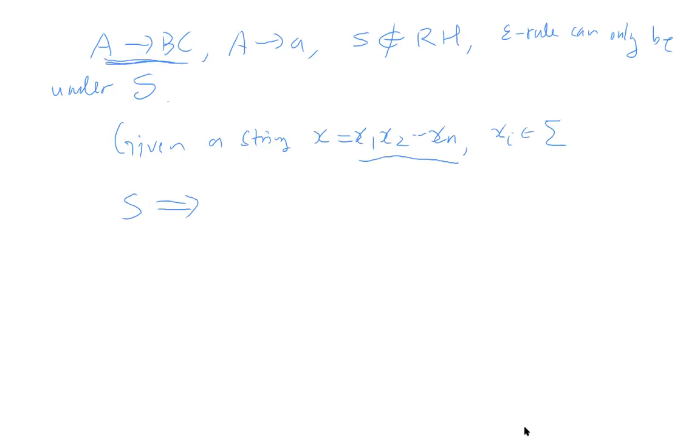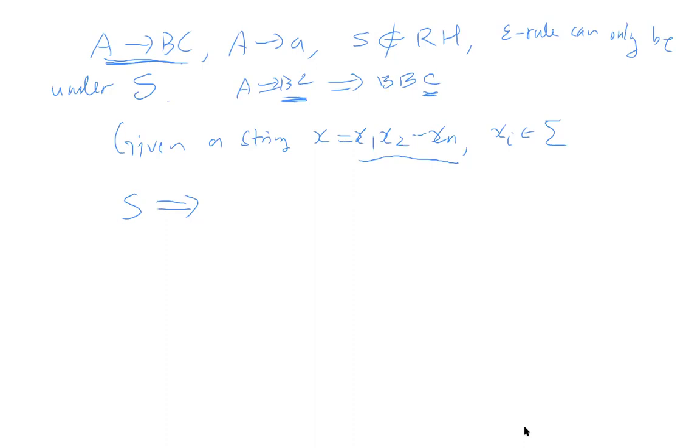The first time you use a rule, it generates two variables, and then each time you use it, you generate one more variable. For instance, A goes to BC, then B goes to BB. So after the first application, each time you get one more variable. You'll need to get n variables.